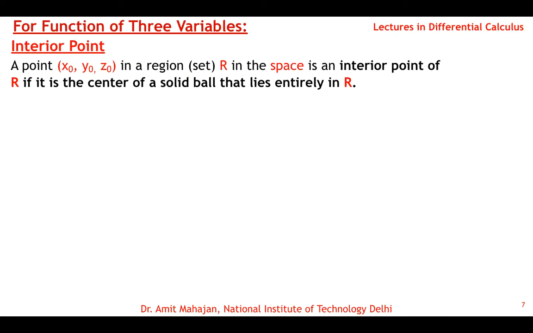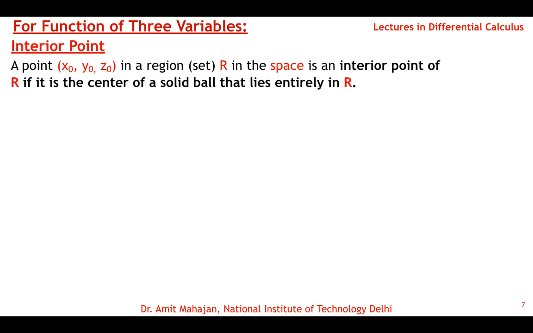So now we can extend these definitions for functions of 3 variables. As I said, any point will be an interior point for a function of 2 variables if we can draw a disk centered at the point such that all the points in the disk are inside the region.